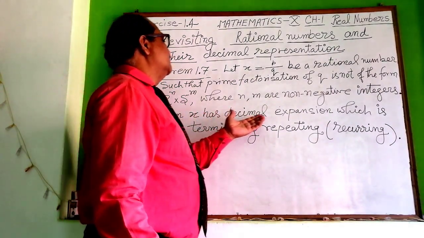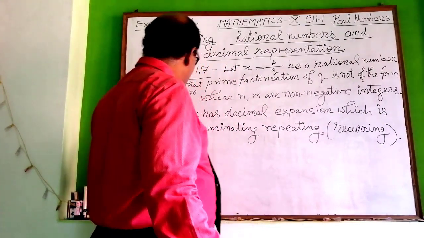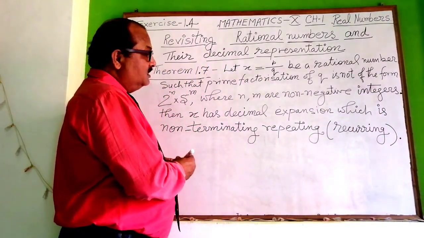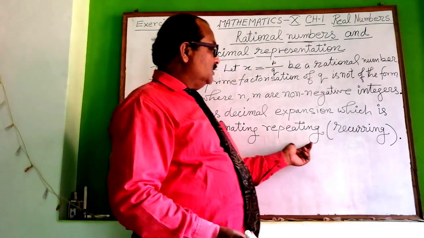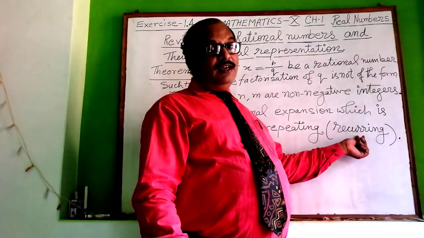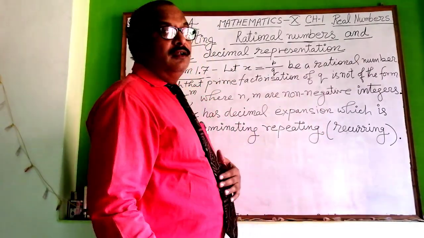Then x has a decimal expansion which is non-terminating repeating. See the meaning of non-terminating repeating, recurring decimal. Is it clear? If not, I would like to take one example.